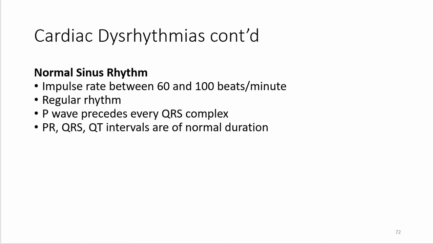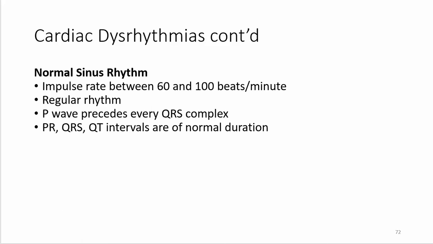If you remember from the lab, randomly we sampled 4 different sites, and they were all within a couple of milliseconds of each other. The T to T intervals that we looked at. So you want to see this regular rhythm. You can sense it as you're taking a pulse.